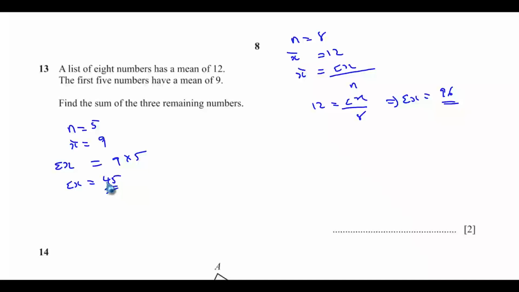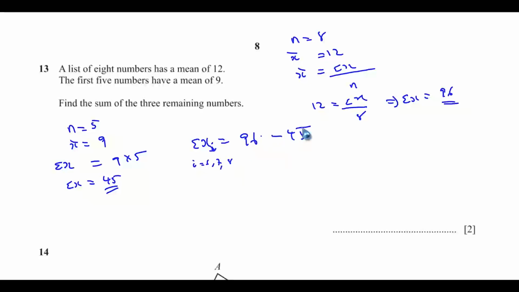Now, since the sum of the first 5 numbers is 45, and the sum of the 8 numbers is 96, the remaining 3 numbers will be: summation for the remaining 3, let me say I here, where I equals the 6th, 7th, and 8th, equals 96 minus 45.